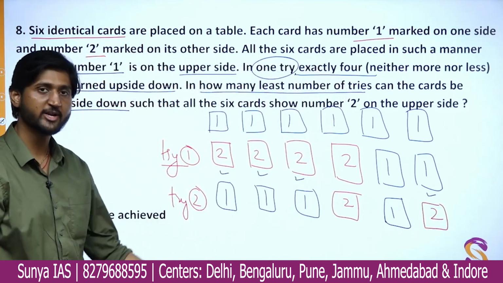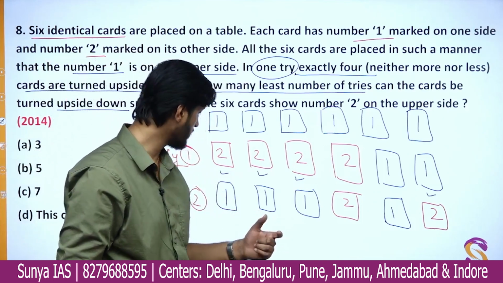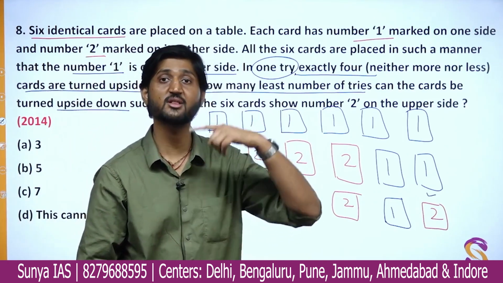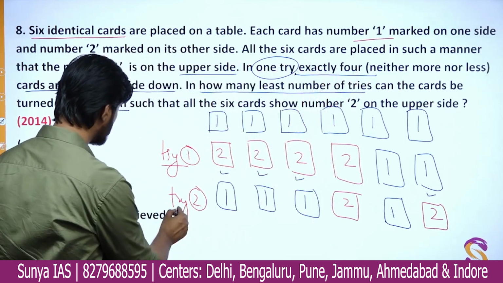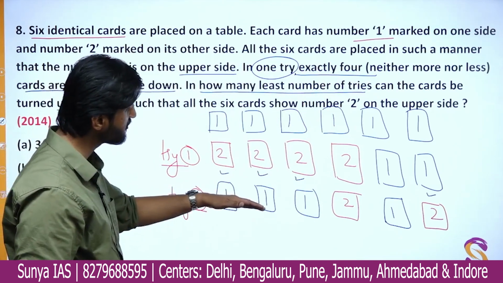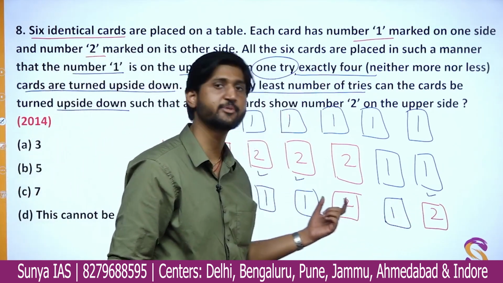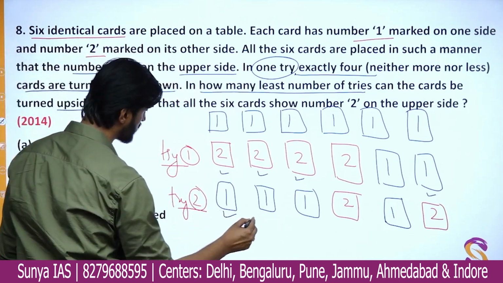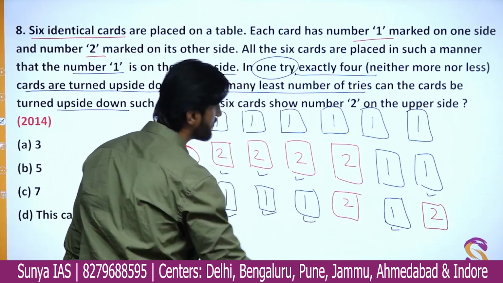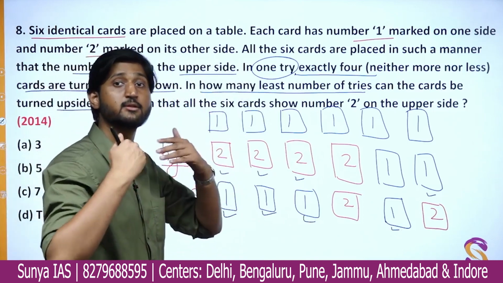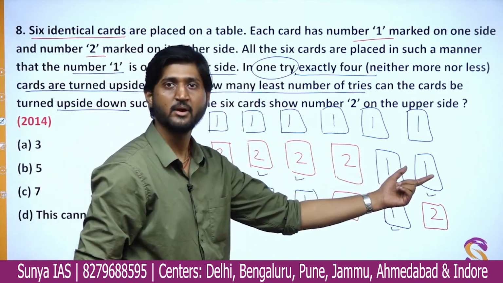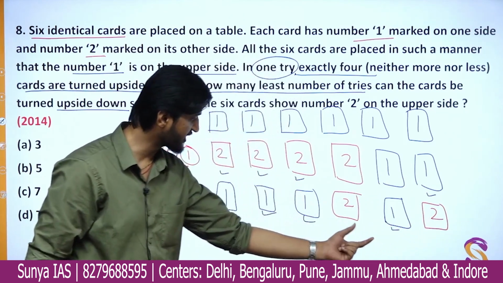Now you might have seen that I was not just thinking about the second try, but I was also thinking about the third try in advance. So if I now flip these 4 cards, all will be equal to 2. So you have to be smart. This is the way in which we flip these 4 cards. If we flip them, we get the perfect round set.